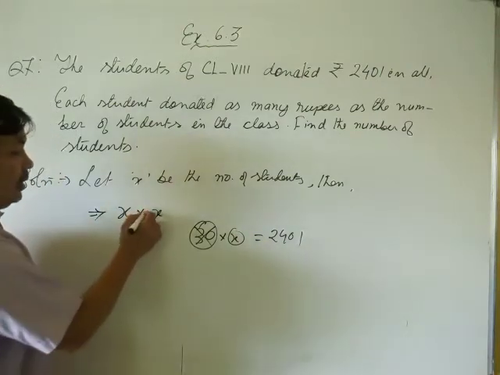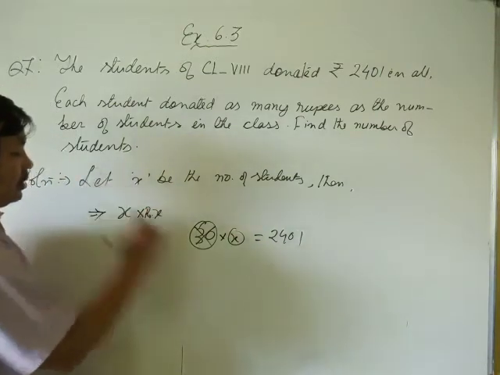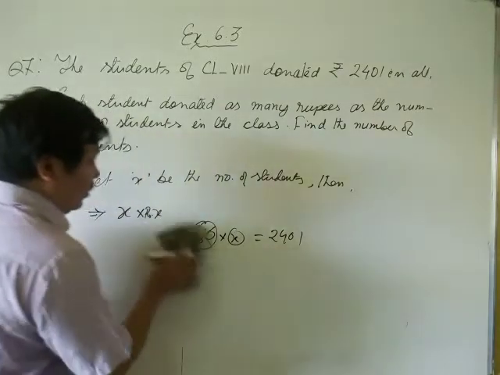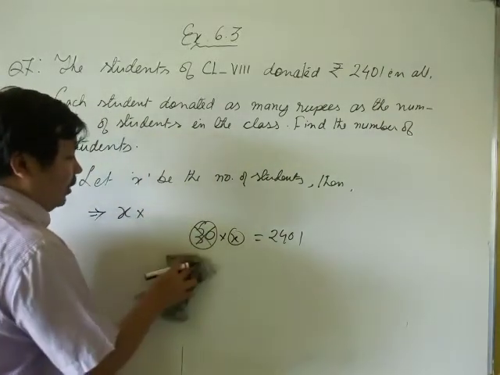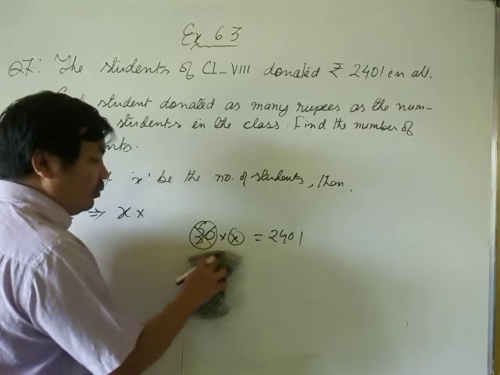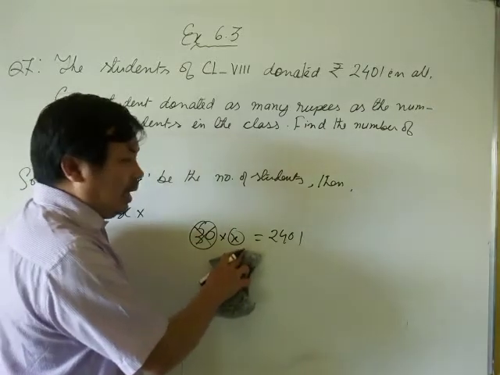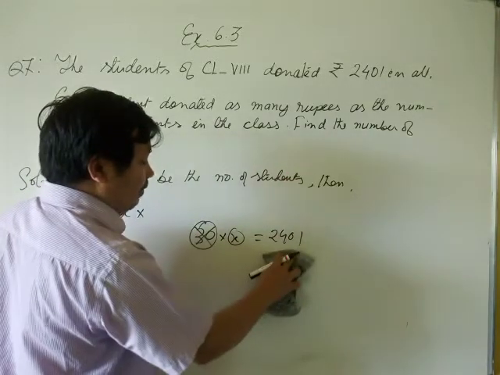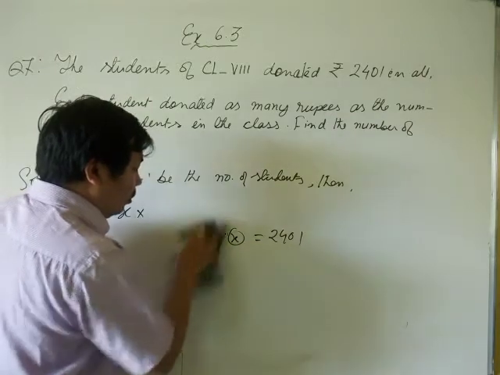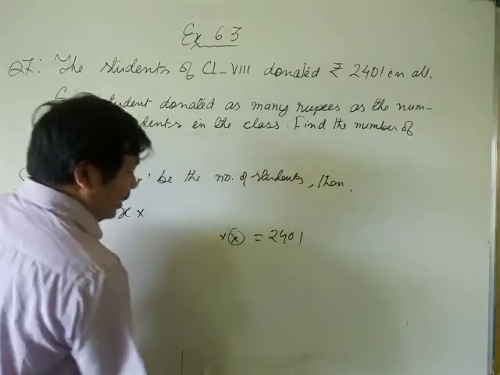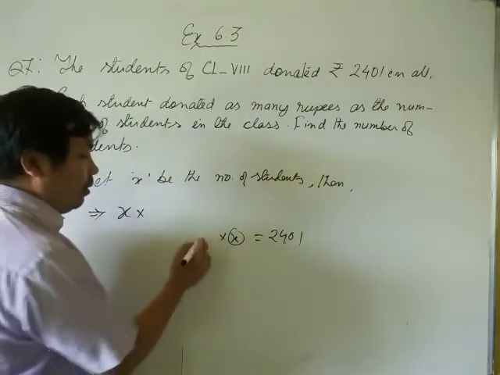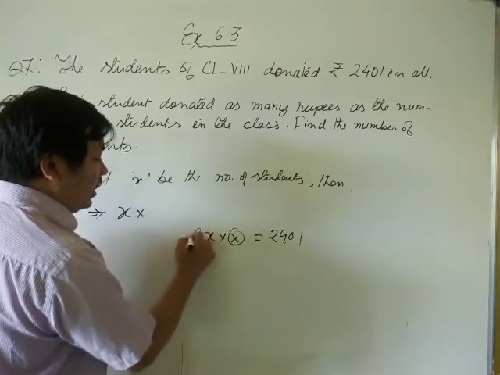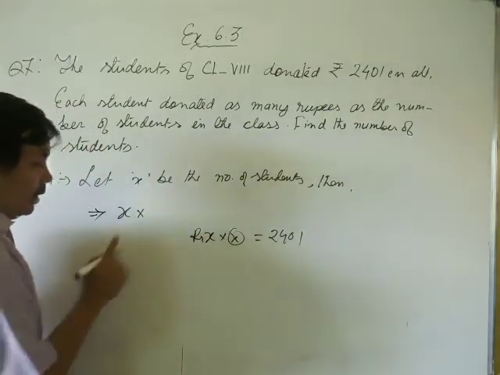Let us see once more. If it is 30 rupees, then 30 rupees have to be multiplied with the number of students, then we get this amount. But we don't know this amount also, because it is the same as the number of students in the class, that means rupees x.